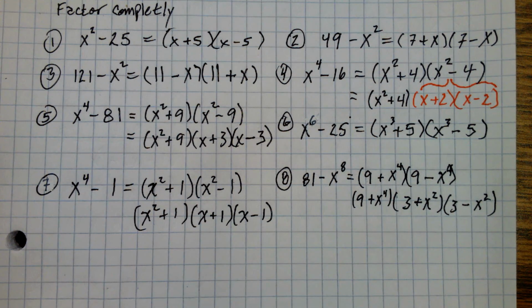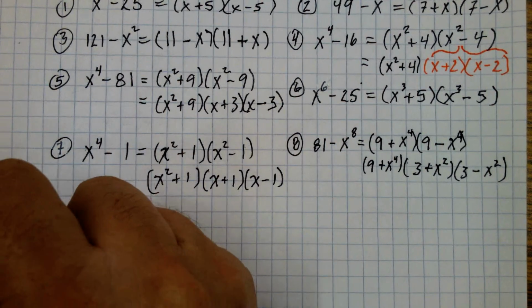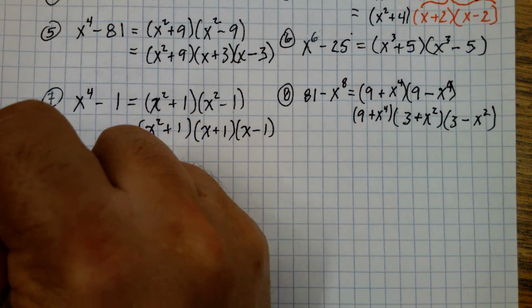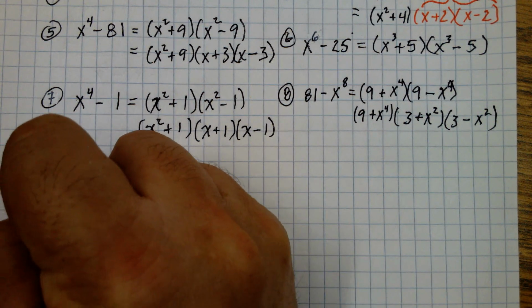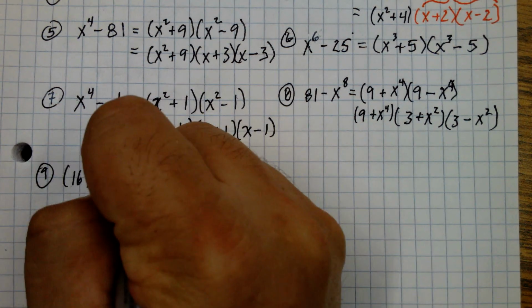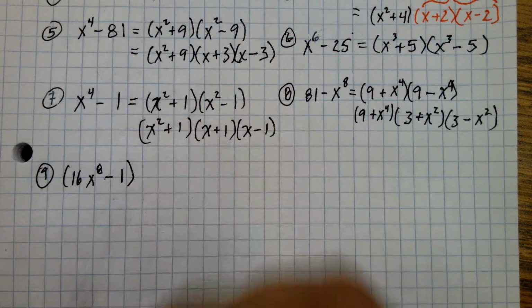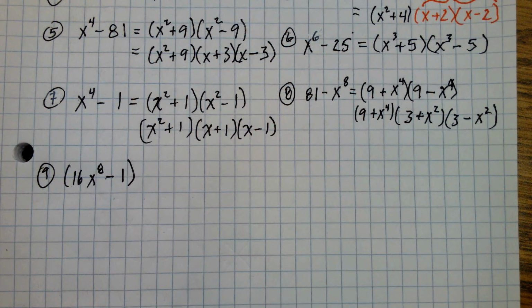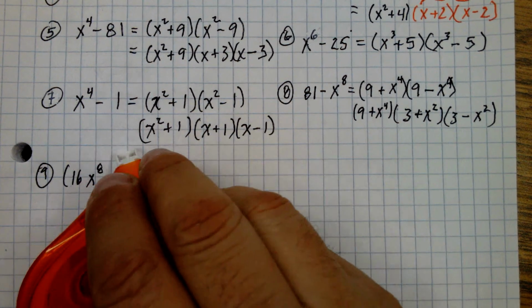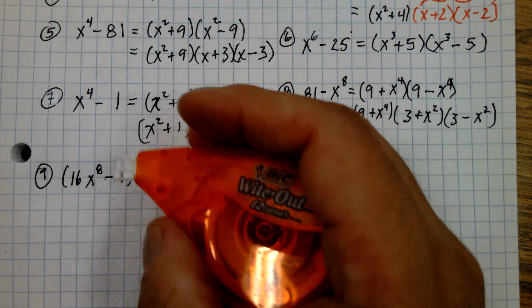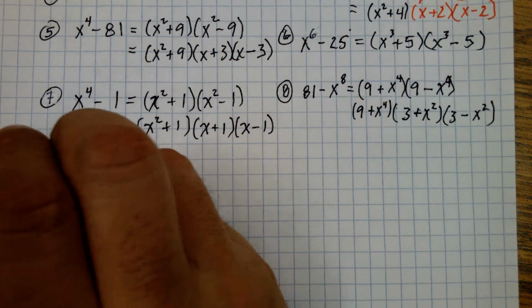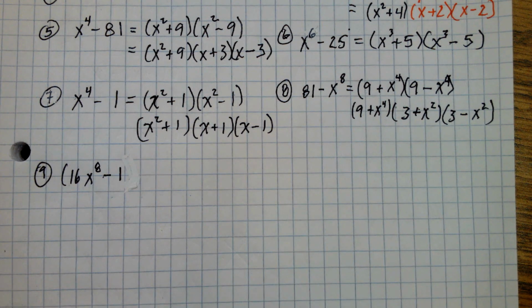All right. We haven't had one like this. Number 9. 16x to the 8th minus 1. Ignore the parentheses.